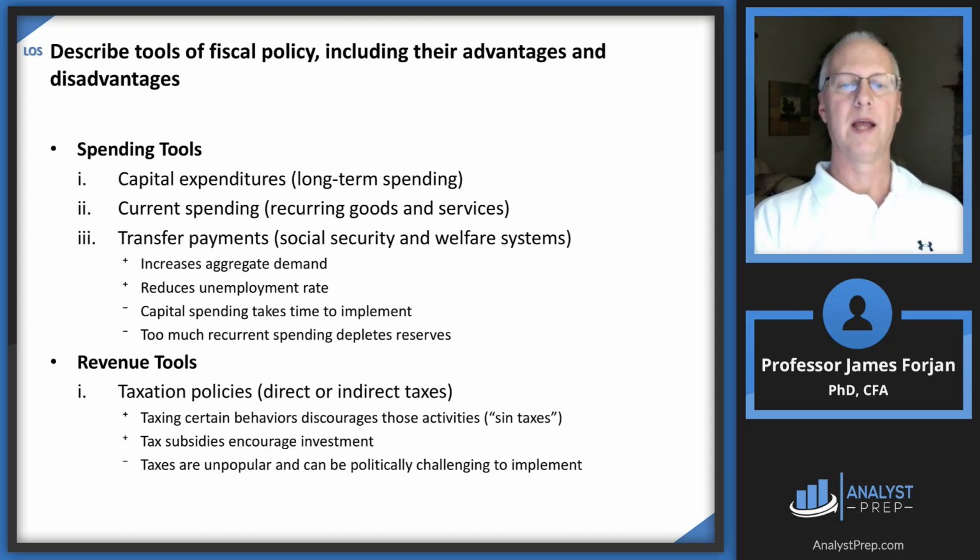And these can be direct or indirect taxes. And I'm always fascinated by tax policies of federal governments as it relates to state governments and as it relates to local governments.